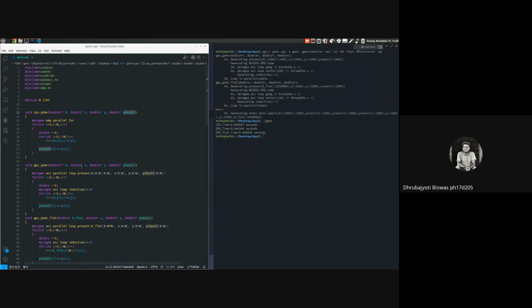And for each element, I am running a smaller loop in between, and I am adding the multiplication of this matrix with this one. Since it was alpha Ax plus y, I have to add y again over here.